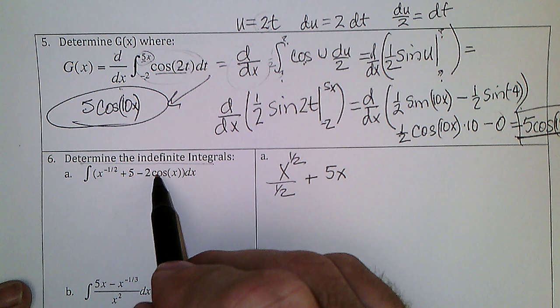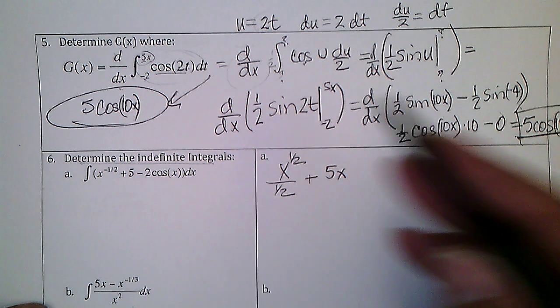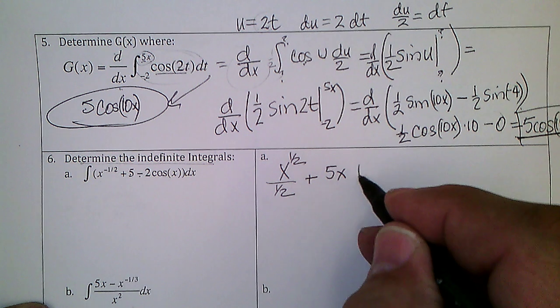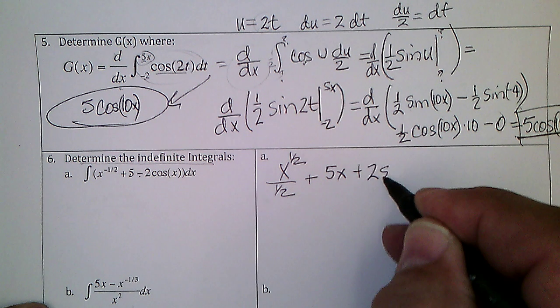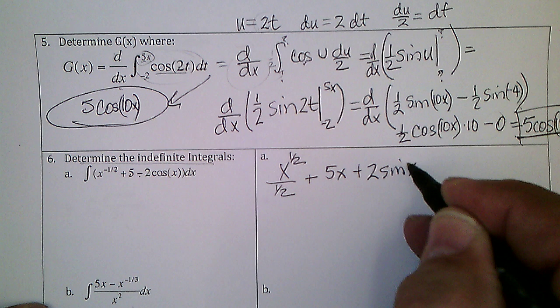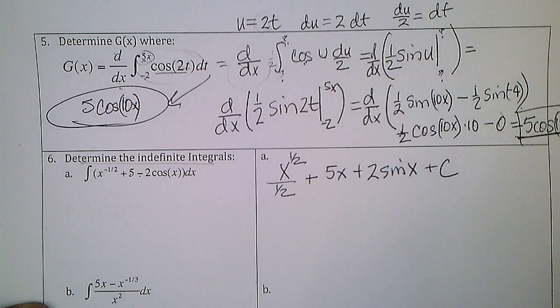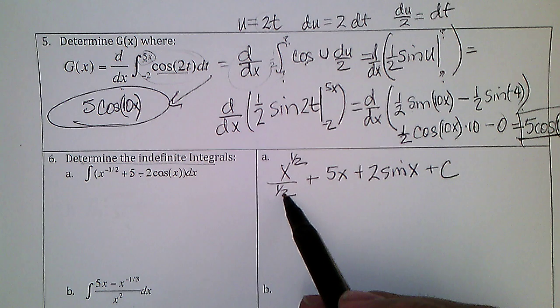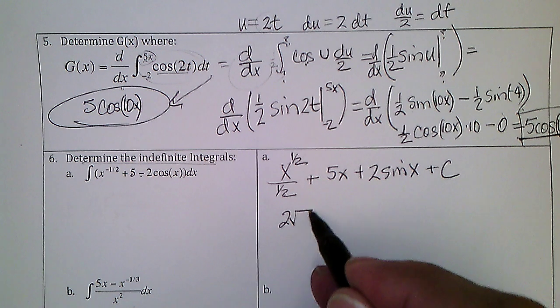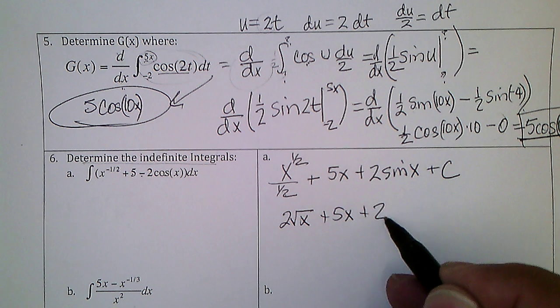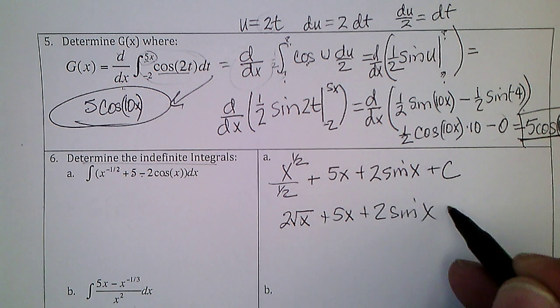And if you take the integral of cosine, that's negative sine, and there's a negative already, so that'd be plus 2 sine of x plus c. And this is the same as 2 square root of x if you want, plus 5x plus 2 sine x plus c.